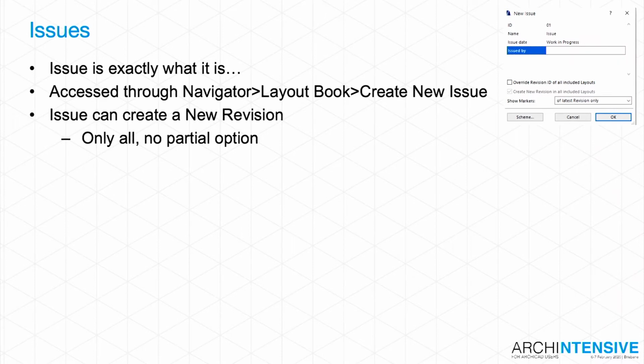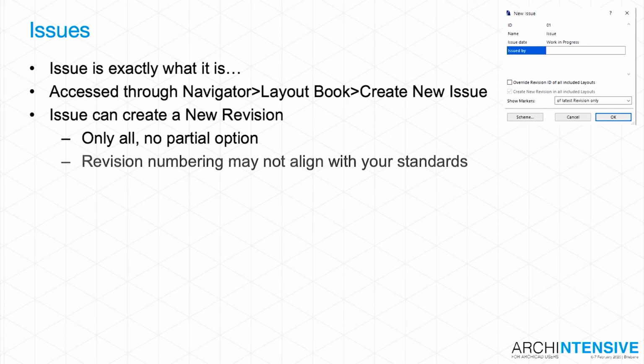You can choose to do that for all of them. Unfortunately, you can't just use the issue tool to drive a partial revision of items. The problem with this is that sometimes the revision numbering may not align with your standards. So what you can do is see the next box above there, it says override revision ID of all included layouts.